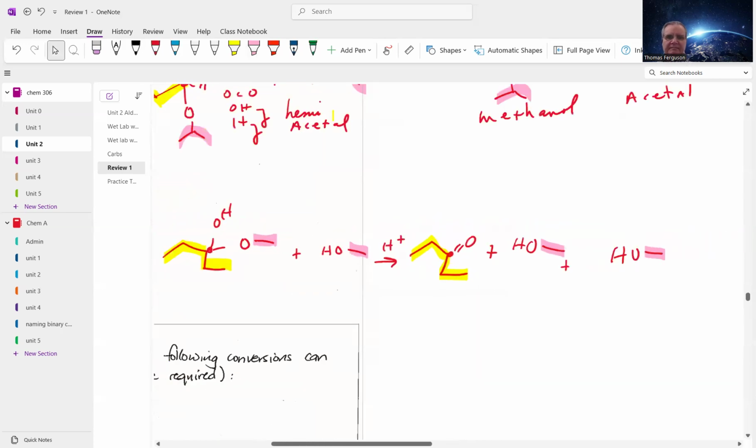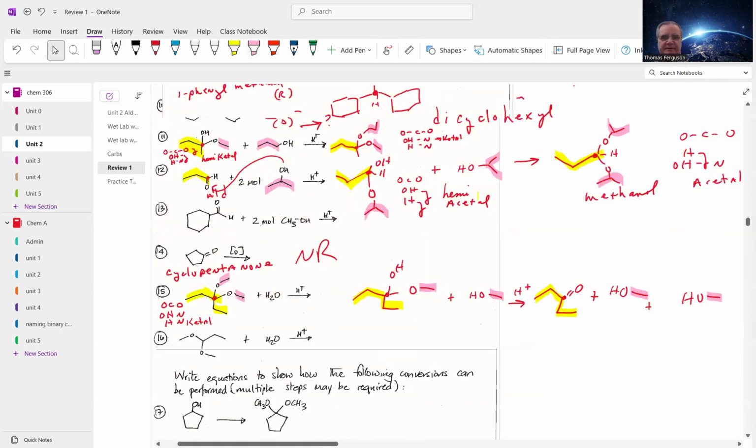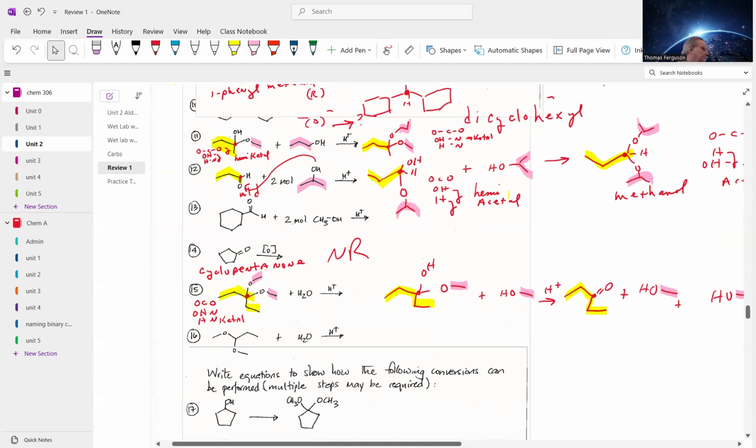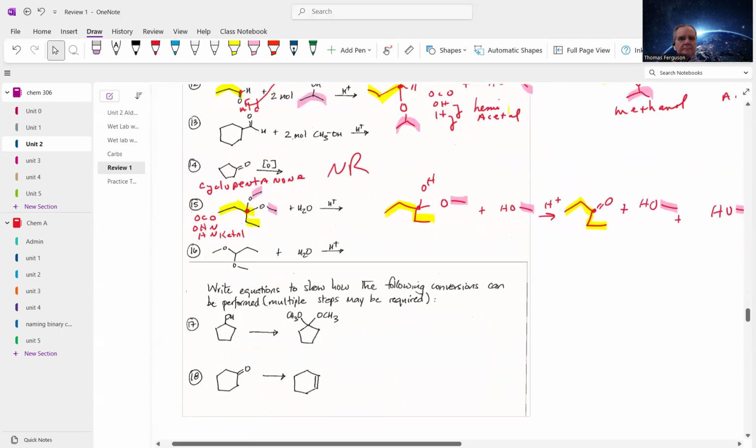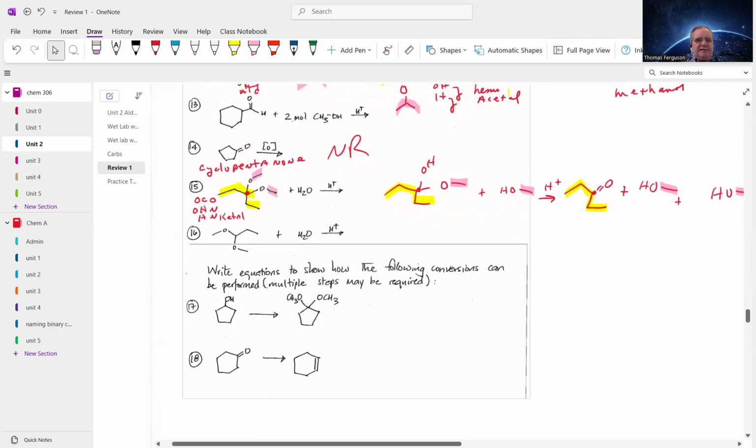Okay, does that work for you guys? So we can form ketals and acetals, we can also take them apart. When we take them apart, we end up with the original backbone, aldehyde or ketone, plus alcohols. And number 16 is the same reaction with a different backbone.